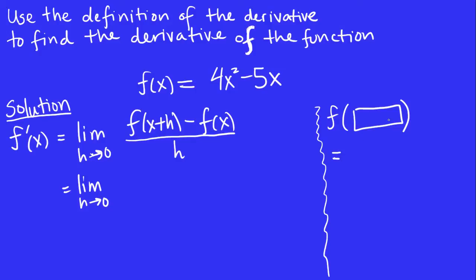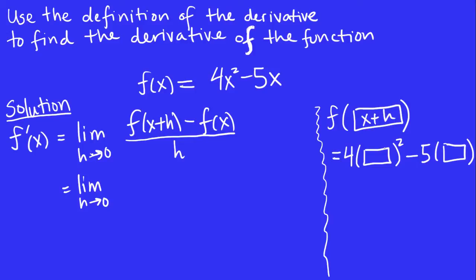So f of anything is going to be 4 times that thing squared minus 5 times that thing, okay? In this formula here, in this box, we have an x. But you really can put anything in there. You could put the letter p in there. You could put a very complicated formula in there. It doesn't matter. In this formula, we're required to put x plus h in there.